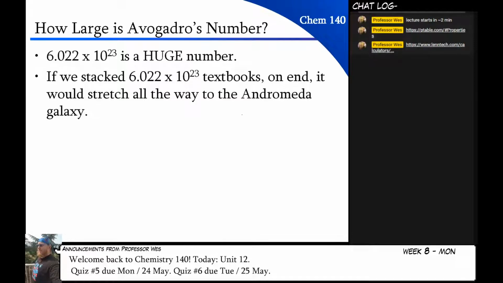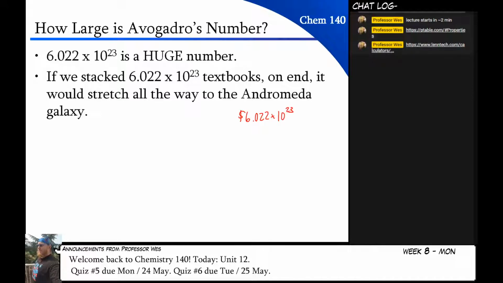Here's another example of how big this number is. If I gave you this much money, you win the mole lottery, I give you a mole of dollars. How could you distribute that money to all your friends? Maybe you could have enough money that you could distribute it to everybody on Earth. Share the wealth, right?